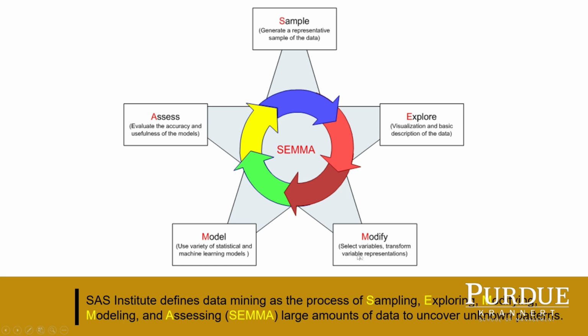So that's basically the data pre-processing step. And the fourth one is called model. That's basically the modeling step. We can apply all kinds of supervised learning algorithms to do predictive modeling. And the final step is called assess. Basically, we want to evaluate the accuracy and usefulness of the models.